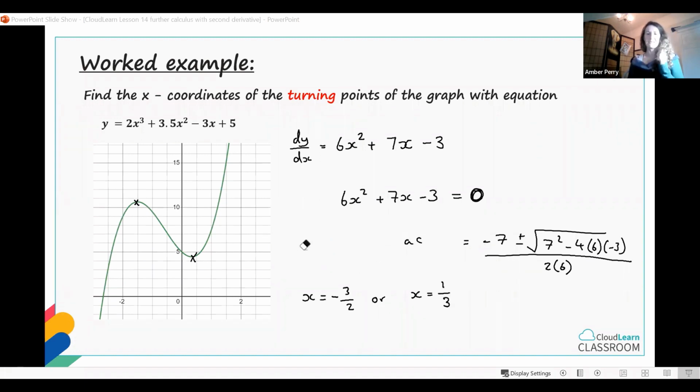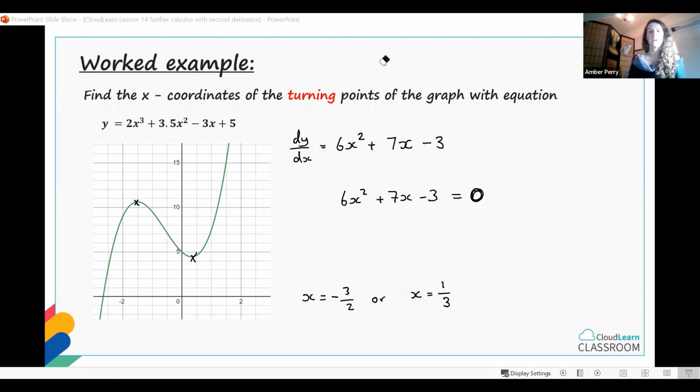There was a lesson a long time ago on quadratic equations, so you can go back and review that if you need extra work on solving quadratics.